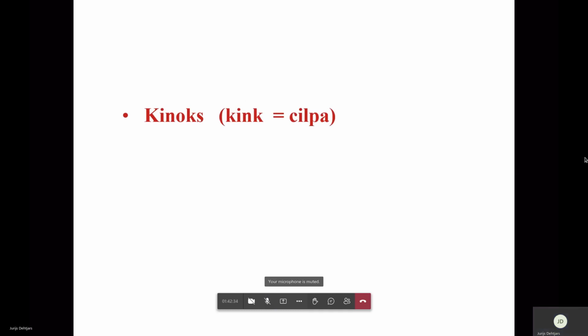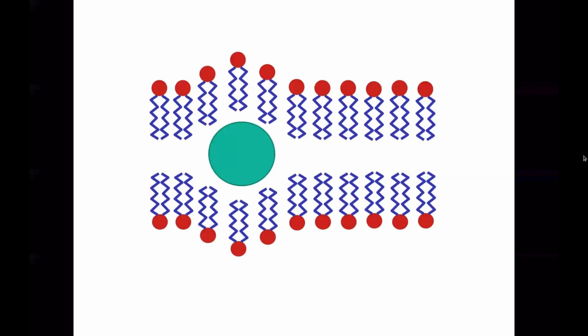So the next transfer way or channel is kinesis. So this is some protein molecule that is located within the double layer.